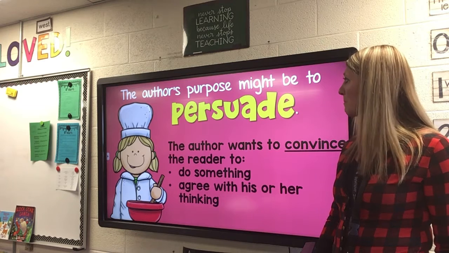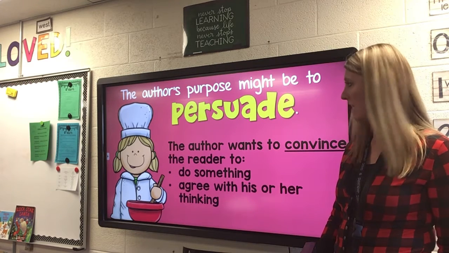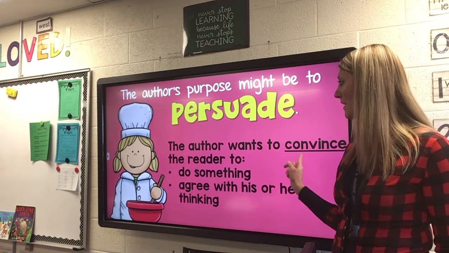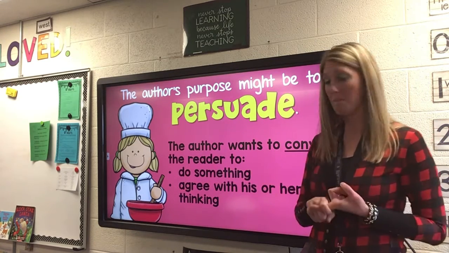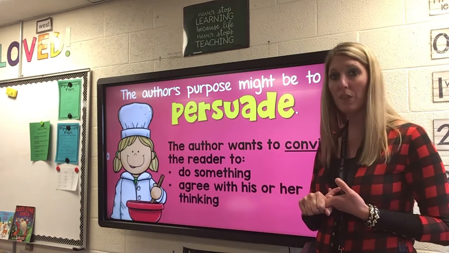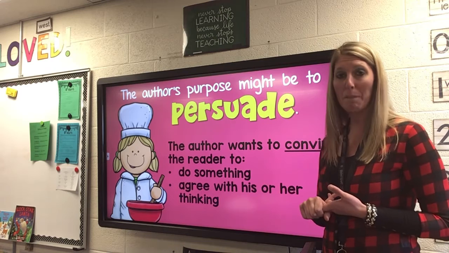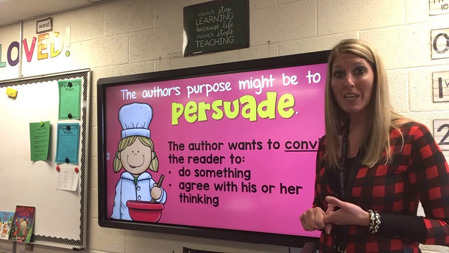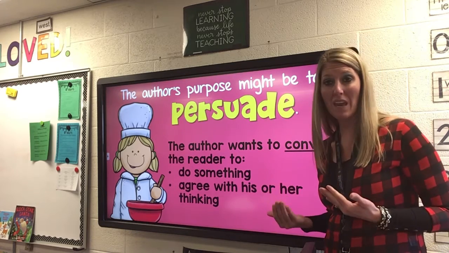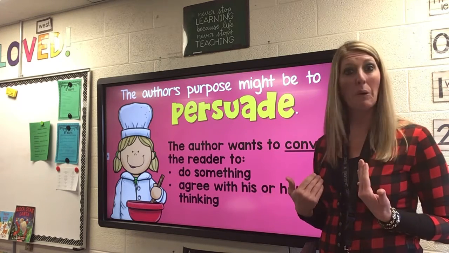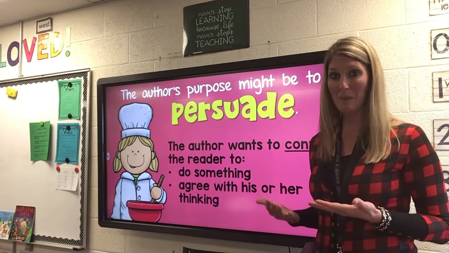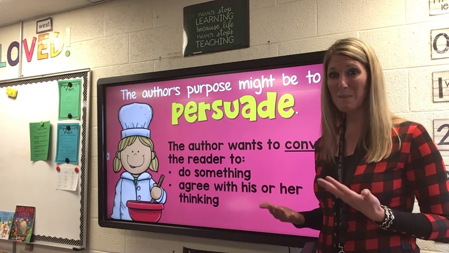The author's purpose might be to persuade. So this means the author wants to convince the reader to do something or to agree with his or her thinking. Now in November, when we wrote our turkey in disguises, we tried to persuade our readers that our turkey wasn't a turkey, but it was whatever we created it to be and disguised it to be.